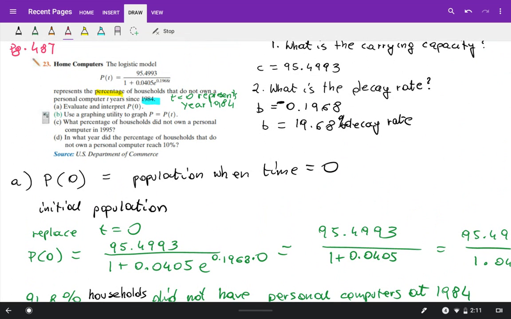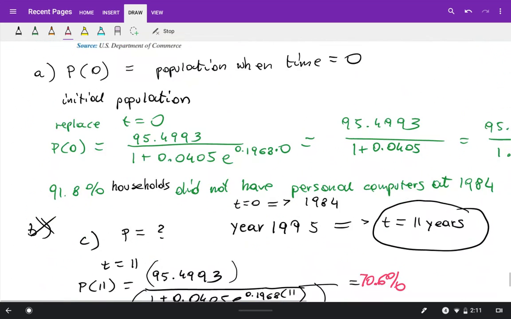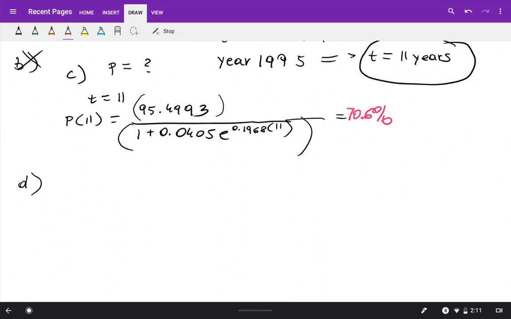D. In what year did the percentage of households that did not own a personal computer reach 10%? Okay, so here we know that P is equal to 10%, and we need to figure out time. So technically, in what year did 10% of households still not have a computer? That's what they're asking. So you need to solve the equation for t.